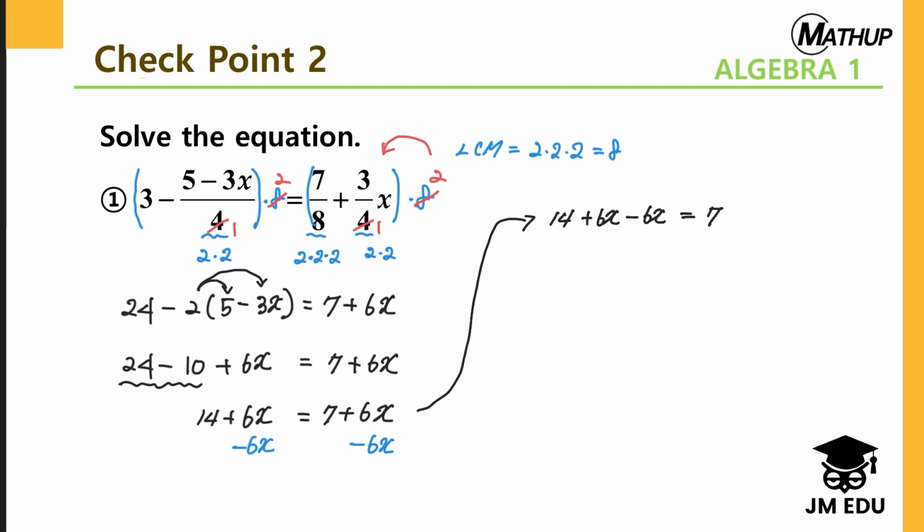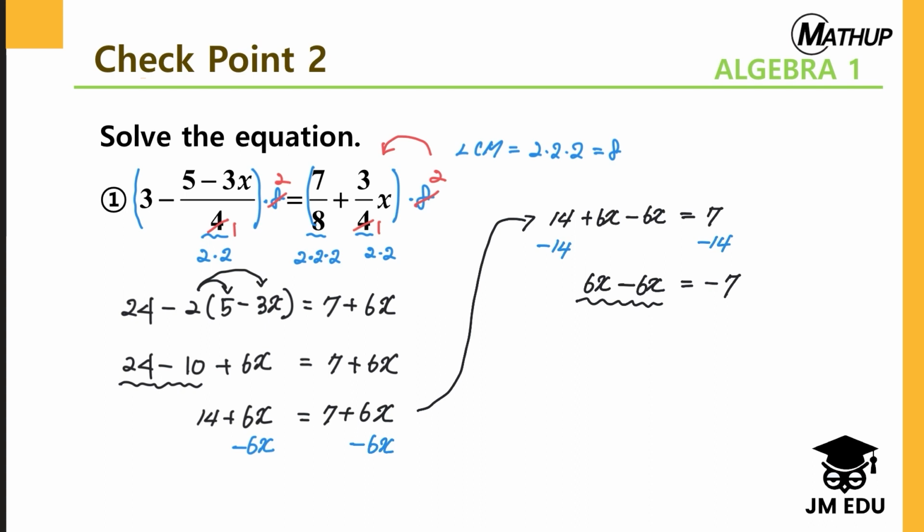So now what I'm going to do is subtract 14. Subtract 14. So 6x minus 6x is equal to minus 7. And 6x minus 6x is 0, right?